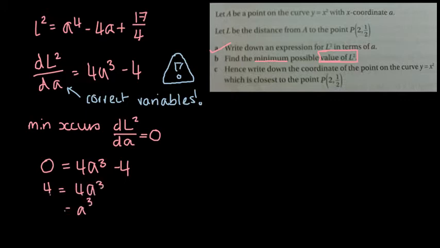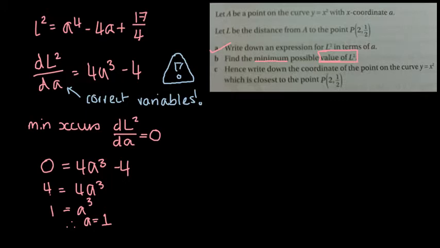So a cubed is equal to 1, in which case a is 1. 2 things haven't happened yet. I haven't proven that it's a minimum. All I have is a turning point, and I also don't have the value of L squared. So I need to do both of those things now.